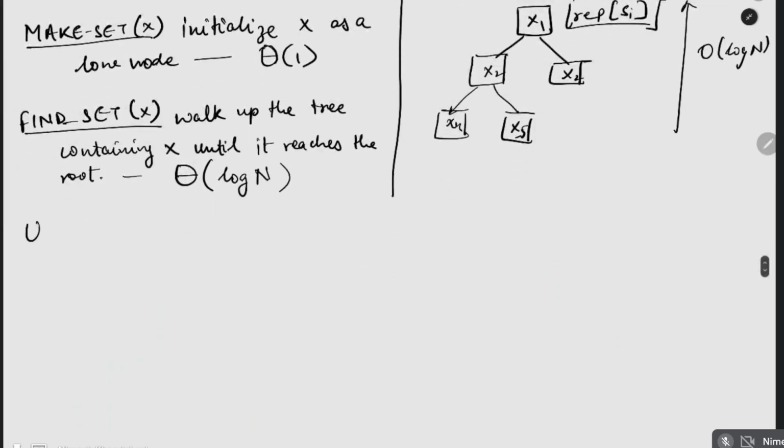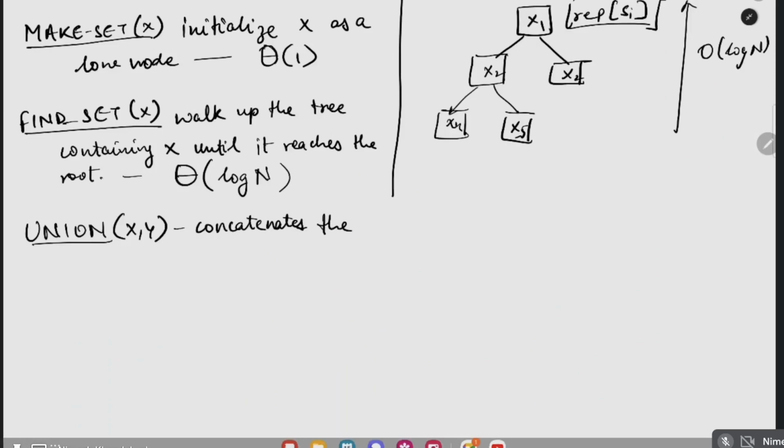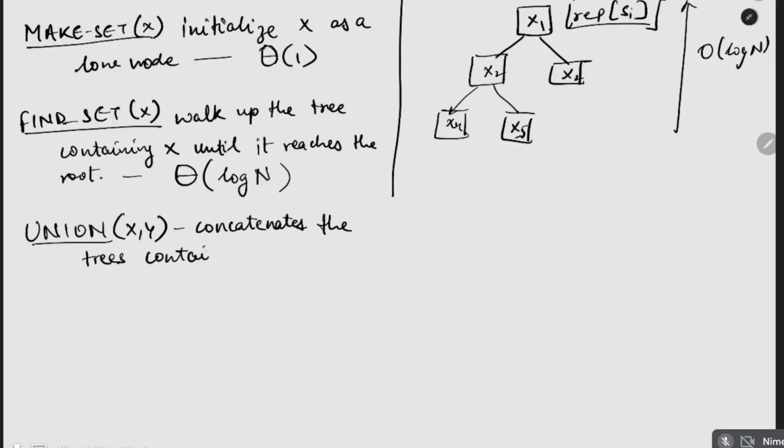And then the union operation, union of x comma y. To perform a union, we concatenate the two different trees containing x and y.